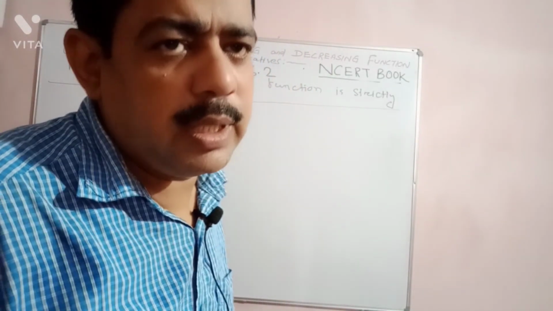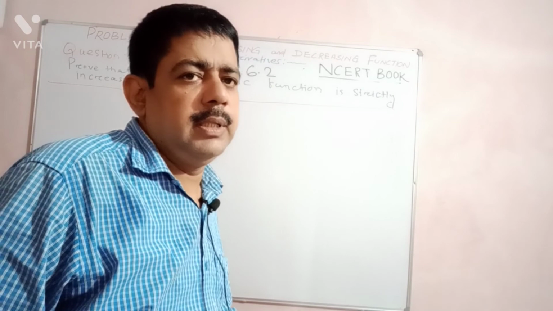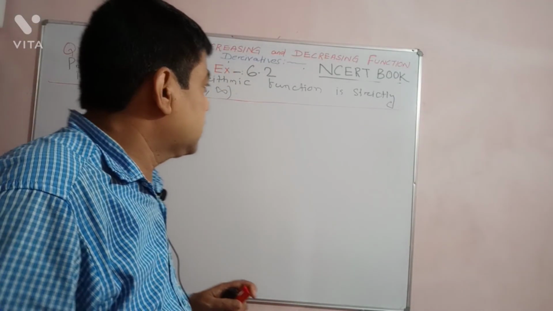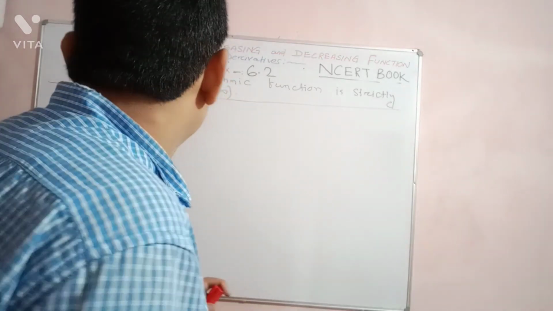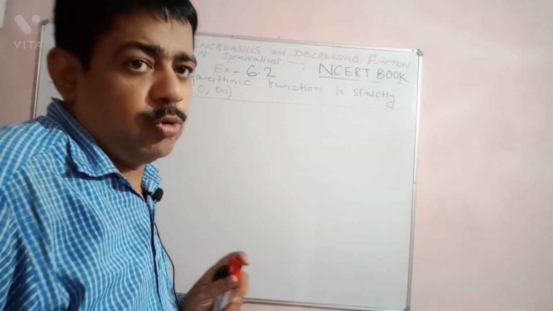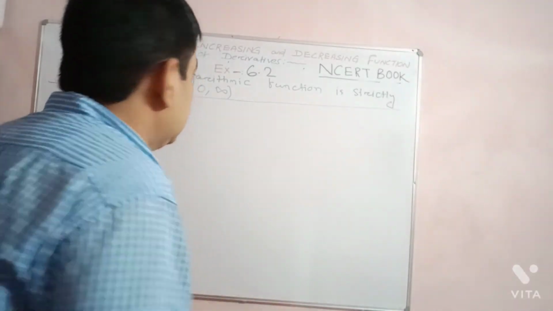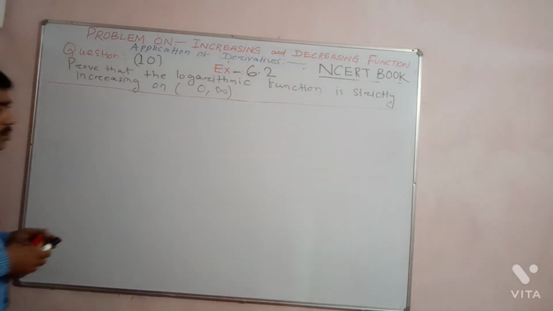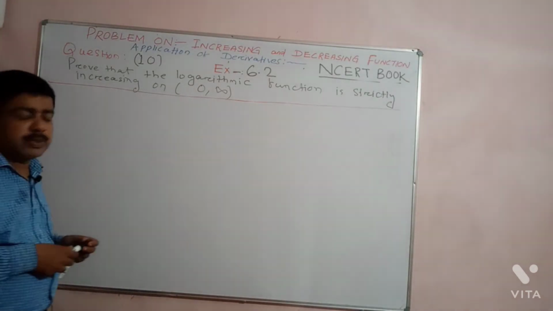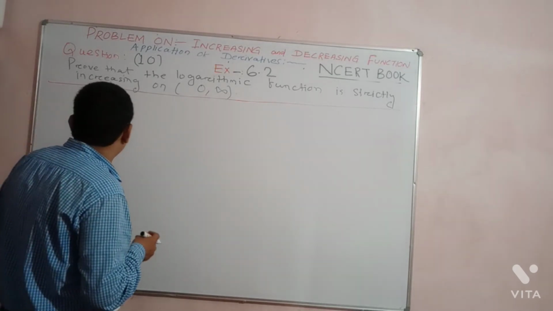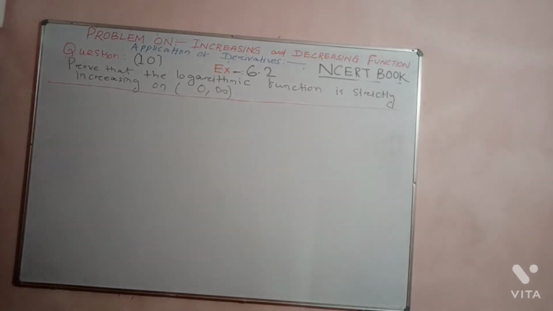One of the important concepts and properties is that we have to prove that the logarithmic function is strictly increasing on the interval 0 to infinity. This is one of the important properties of the increasing function.